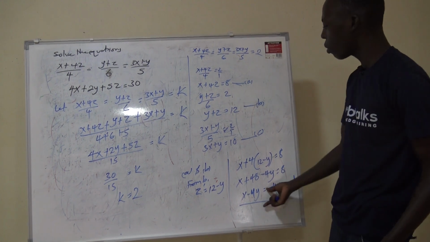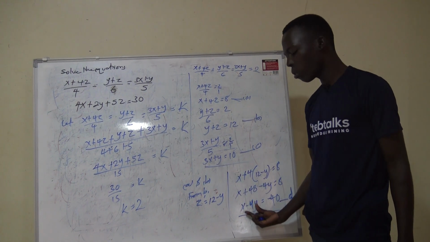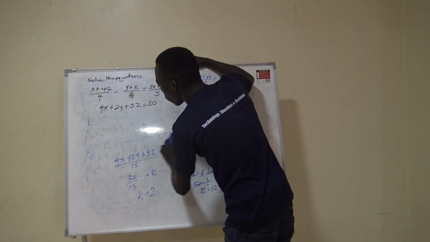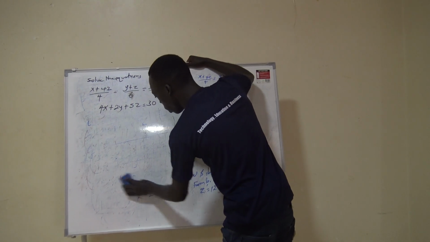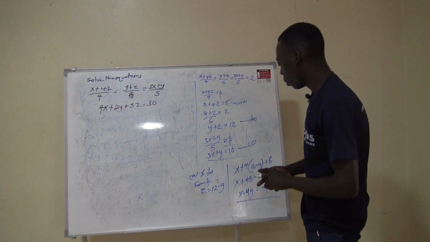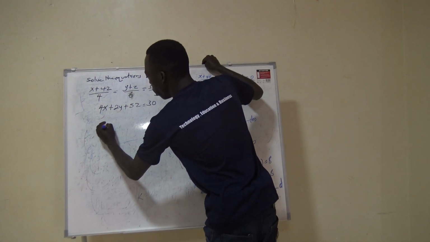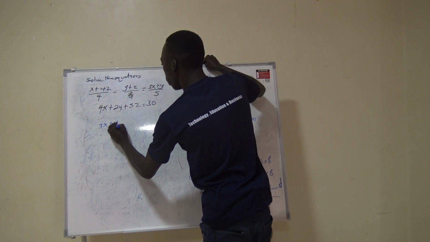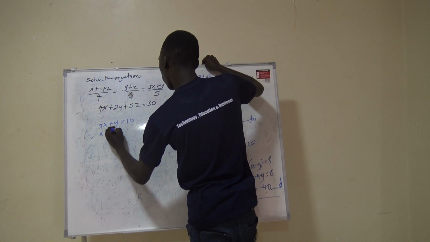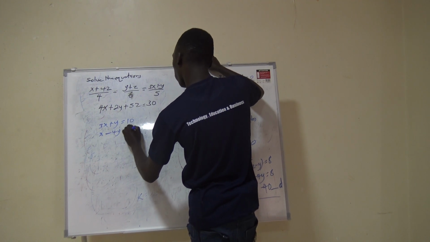Then solve this one and this one simultaneously, since both are in the form of x and y. So we are solving equation C, which is 3x plus y equals 10, and equation D, x minus 4y equals negative 40.